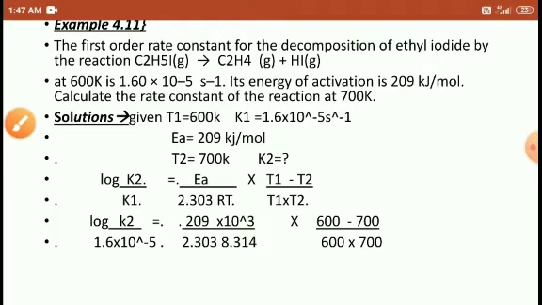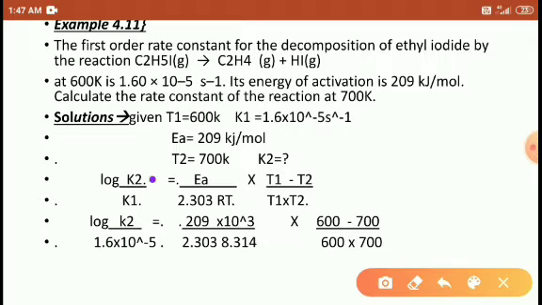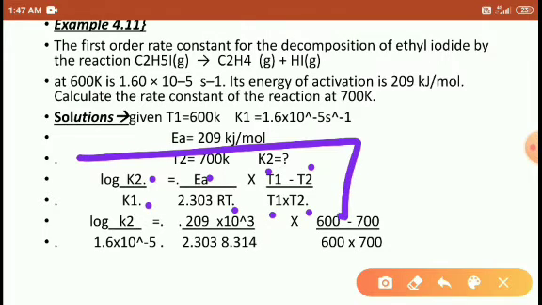So what we have to do here, students, is apply the same formula: log K2 by K1 is equal to Ea by 2.303 R, times T1 minus T2 divided by T1 into T2. This is our formula, students.